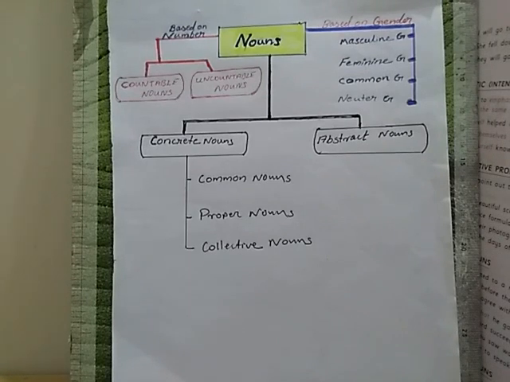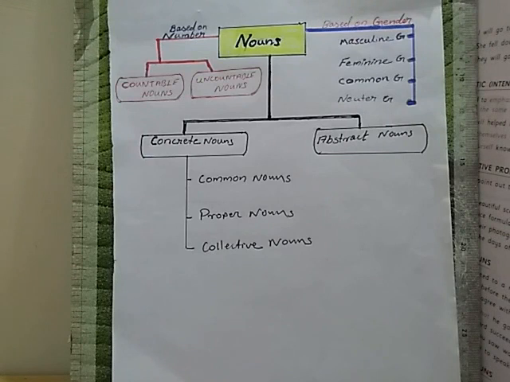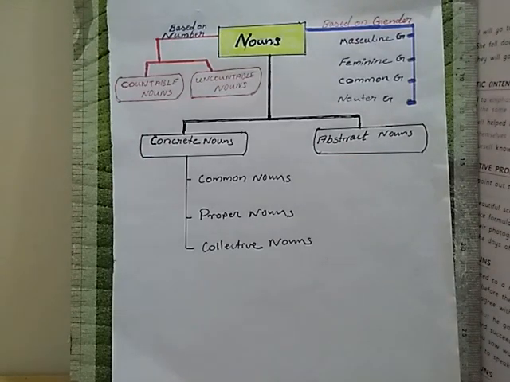All these we have seen. Nominative case means when we use a noun or a pronoun as the subject of a sentence, we say that it is in nominative case or in a subjective case. When the noun is used as a subject, then that noun is in a nominative case or a subjective case.